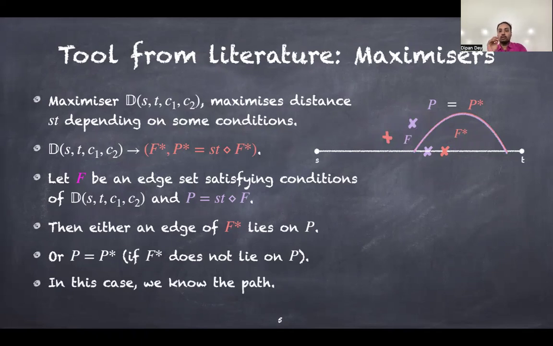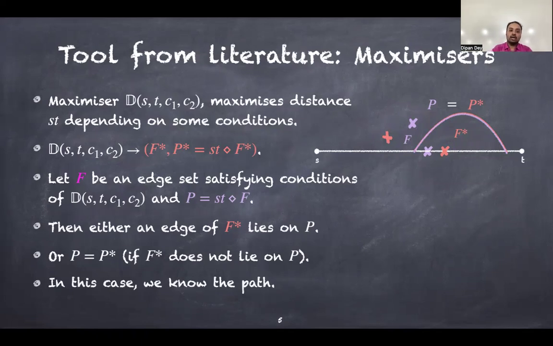So what is the use of this maximizer? Suppose we want to find the S to T distance avoiding some fault F, and we don't know what the path is.